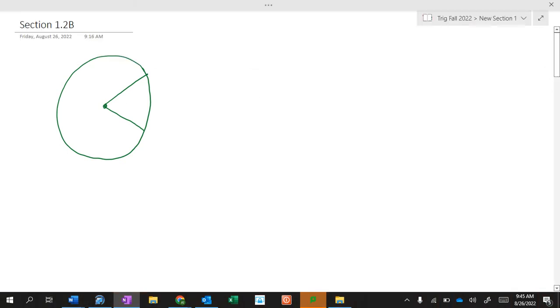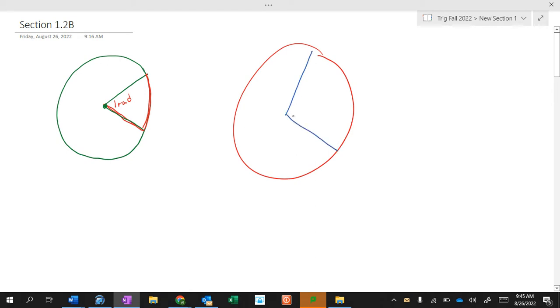Color change. Okay. So if the radius is this long, which is also this long, this is a 1 radian circle. Now, what if we have a circle and we have an 84-degree angle right here, and I want to know this distance?